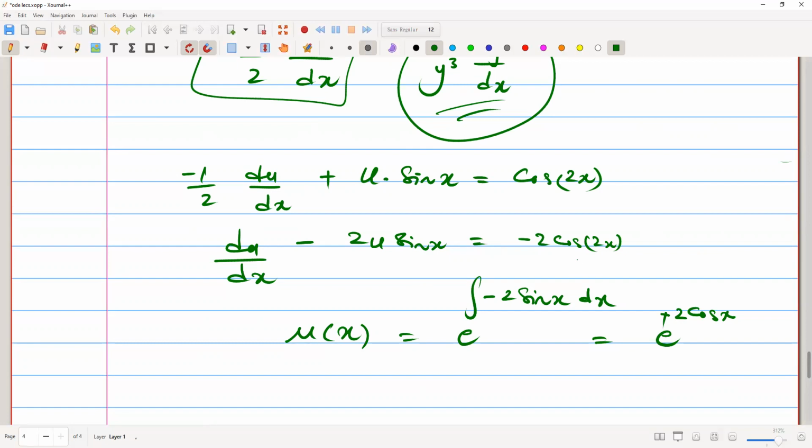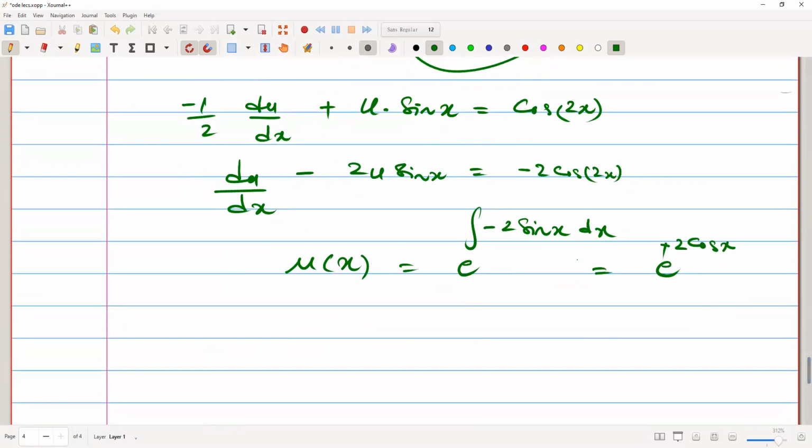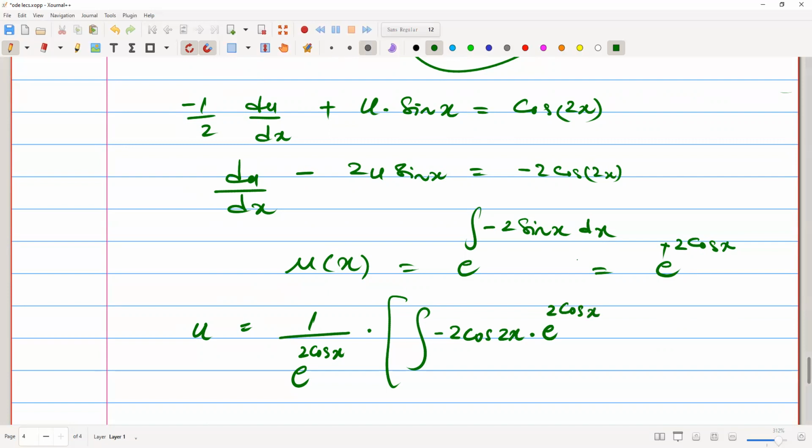Now we can just multiply this with the whole equation, or just write the standard solution form. So here u will be equals to 1 over mu of x, that is the integrating factor. So it will be e to the power -2 cosine x times the integral of -2 cosine 2x times e to the power 2 cosine x dx, and then plus c here, right?